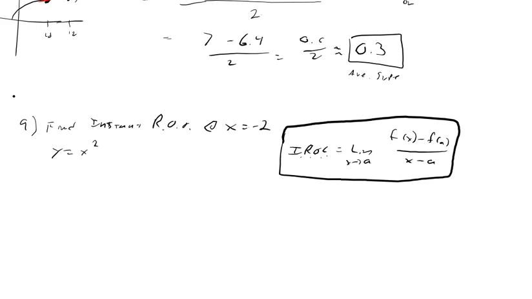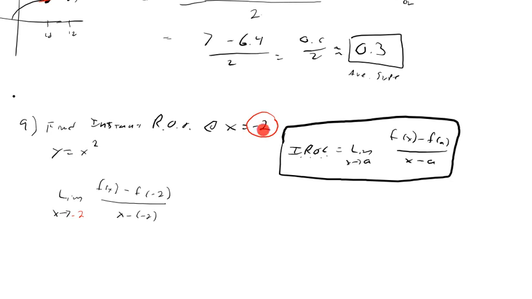So let's try this out. The limit as x approaches, in this case, our a value is -2, of f of x minus f of -2 over x minus -2.